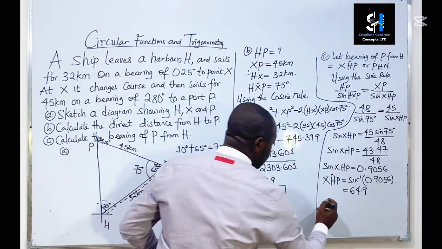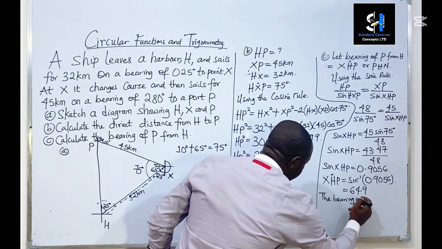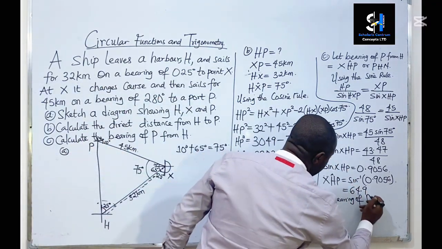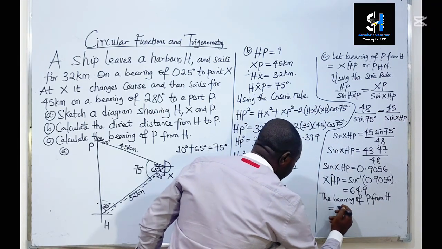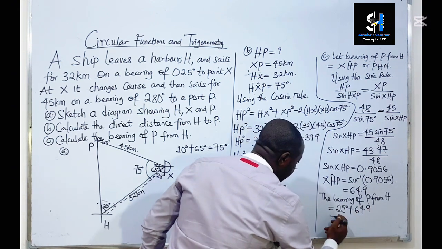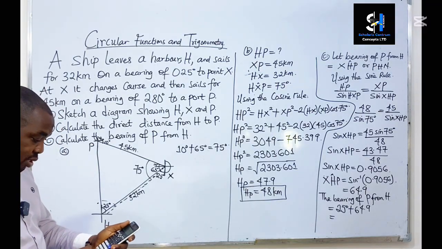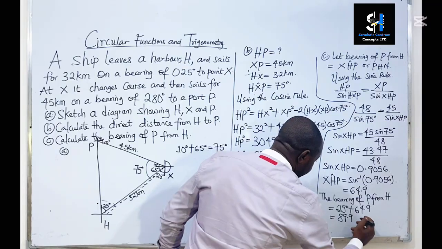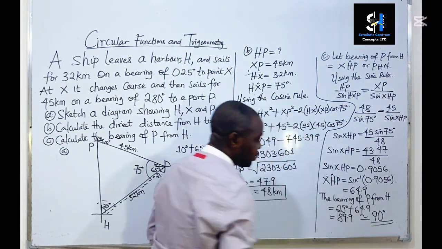So that means the bearing of P from H will be equal to 25 degrees plus 64.9. That will be 89.9, so approximately 90 degrees.